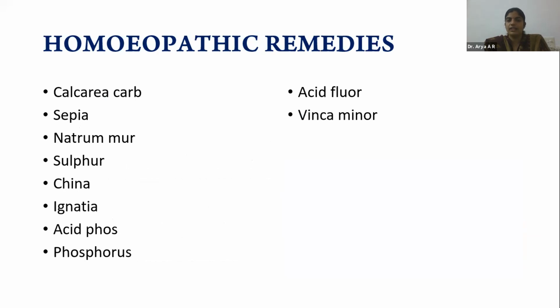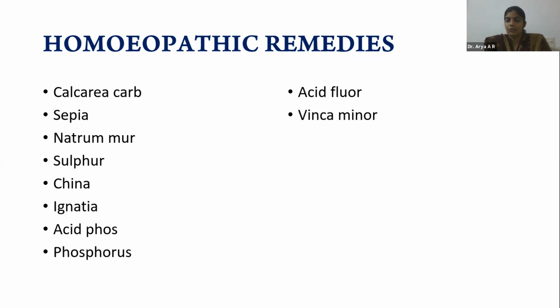In this condition, when a patient complains, first of all you should give some medicine that could ameliorate their condition, and then you should eventually look for the constitutional remedy to prevent the recurrence of this condition.